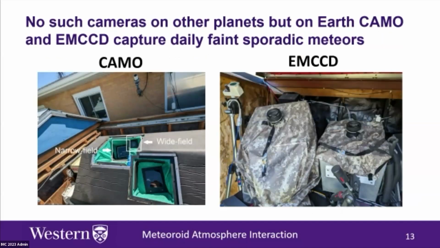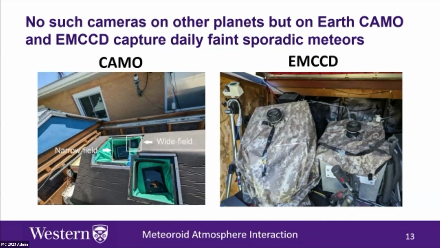We don't have any of these sorts of cameras on any of these planets, though we have a lot of them on Earth, like the CAMO, Canadian Automated Meteor Observatory, and the EMCCD that we have on Tavistock and Elginfield that capture daily faint sporadic meteors.